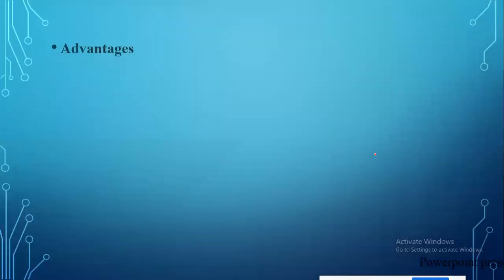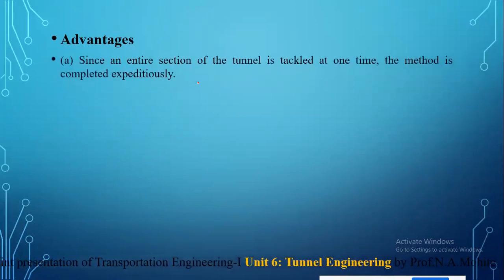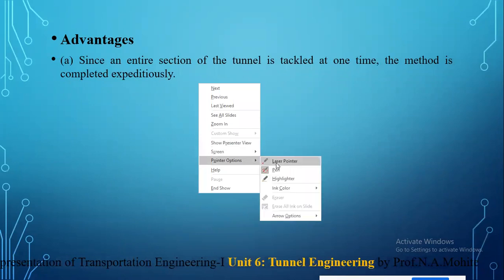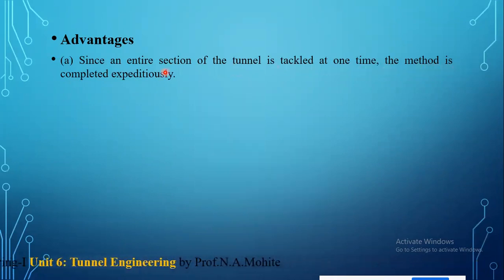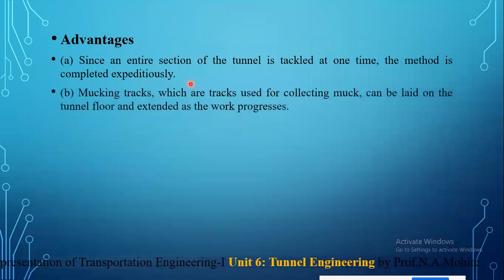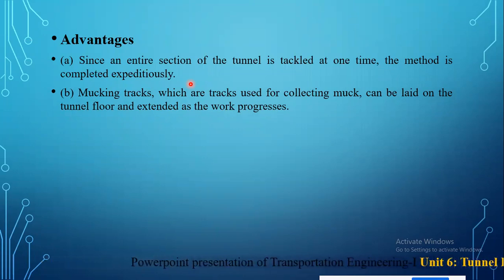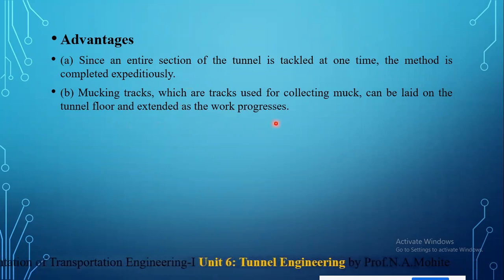So we'll see what the advantages are. The advantage is that since an entire section of the tunnel is tackled at one time, the method is completed expeditiously, as the entire work is carried out simultaneously. Then mucking tracks, which are used for collecting muck, that is, rock falling or dust, can be laid on the tunnel floor and extended as the work progresses.